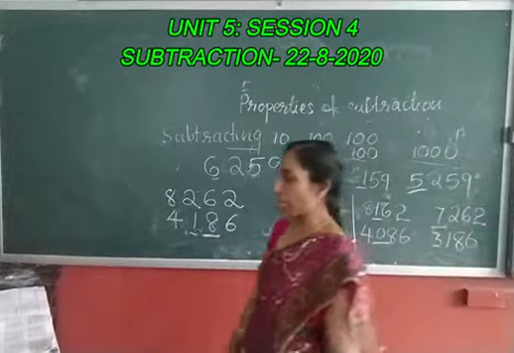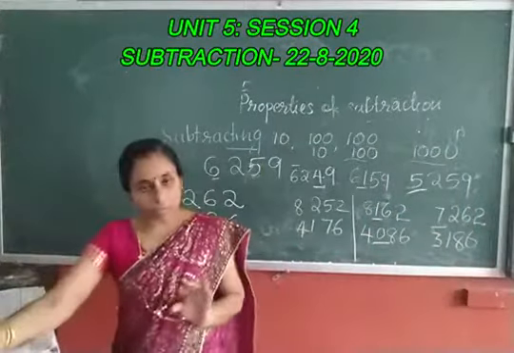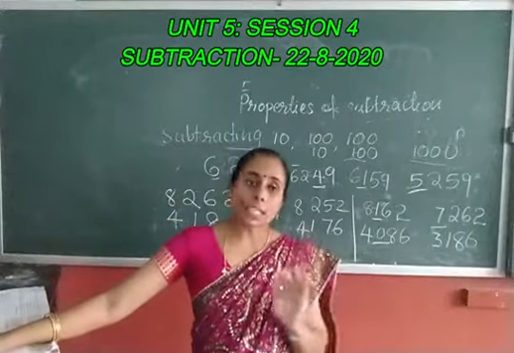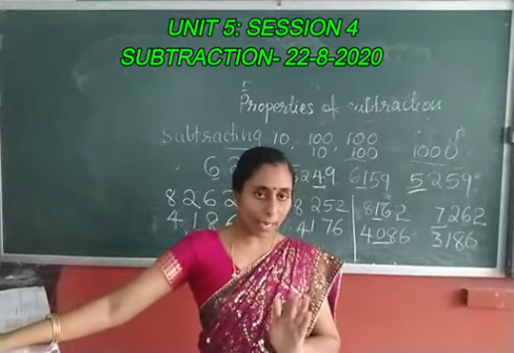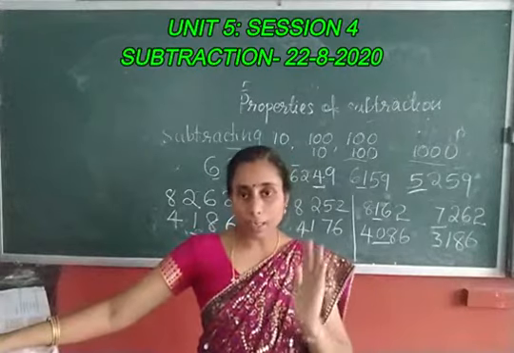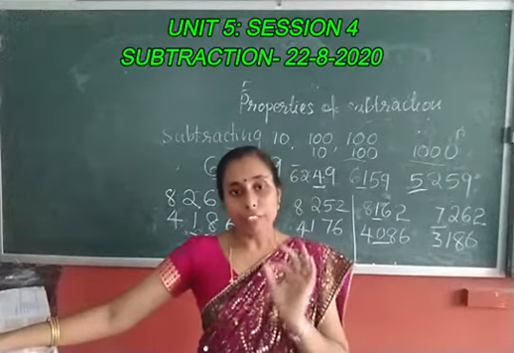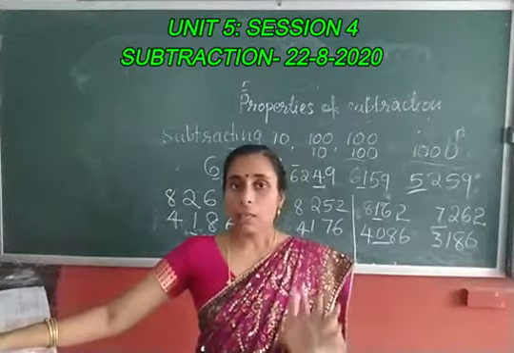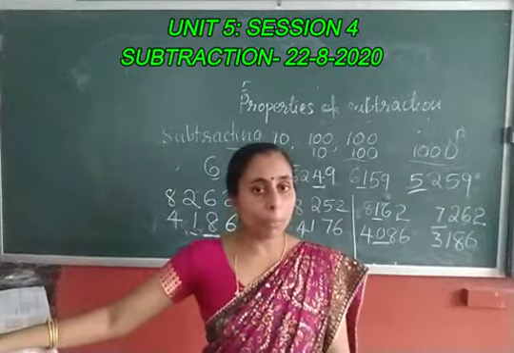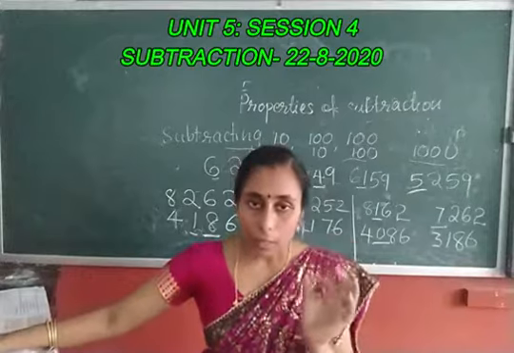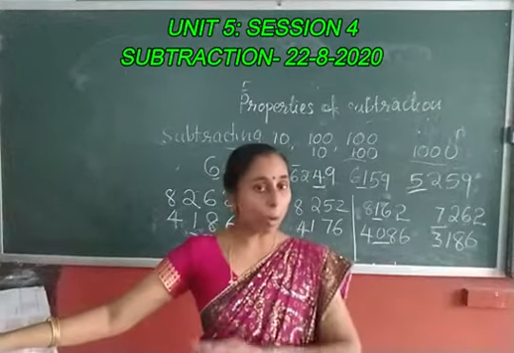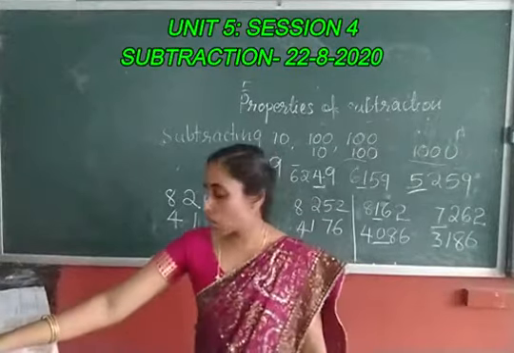Okay. When we subtract 10, we subtract 1 from the tens place. When we subtract 100 from any number, we deduct 1 from the hundreds place. When we subtract 1,000 from any number, we always deduct only 1 from the thousands place.